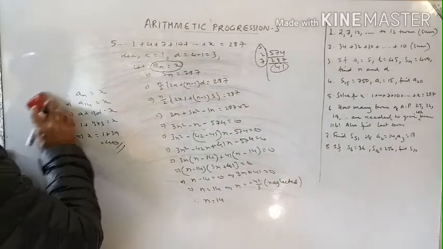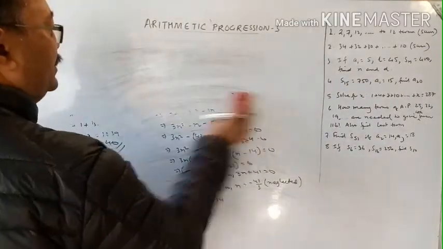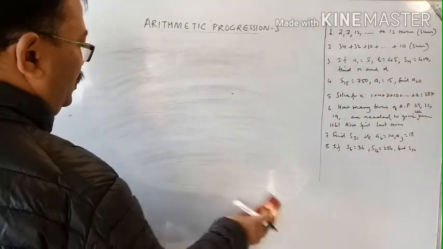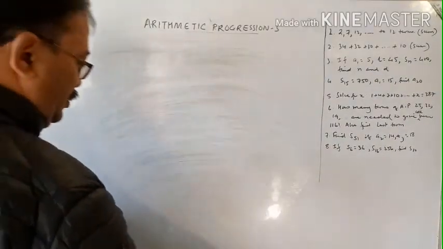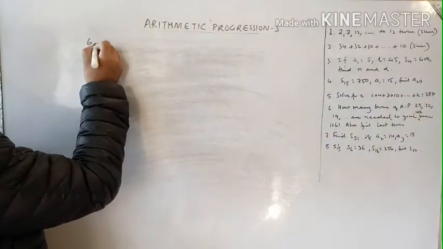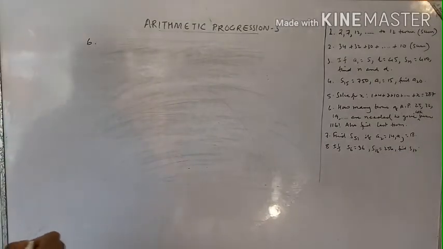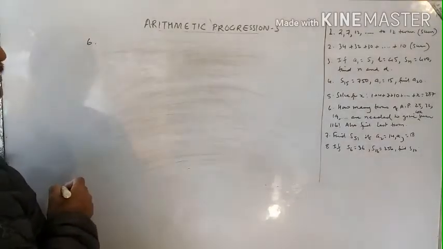Now next question, number 6. How many terms of the AP 25, 22, 19 are needed to give the sum 116?